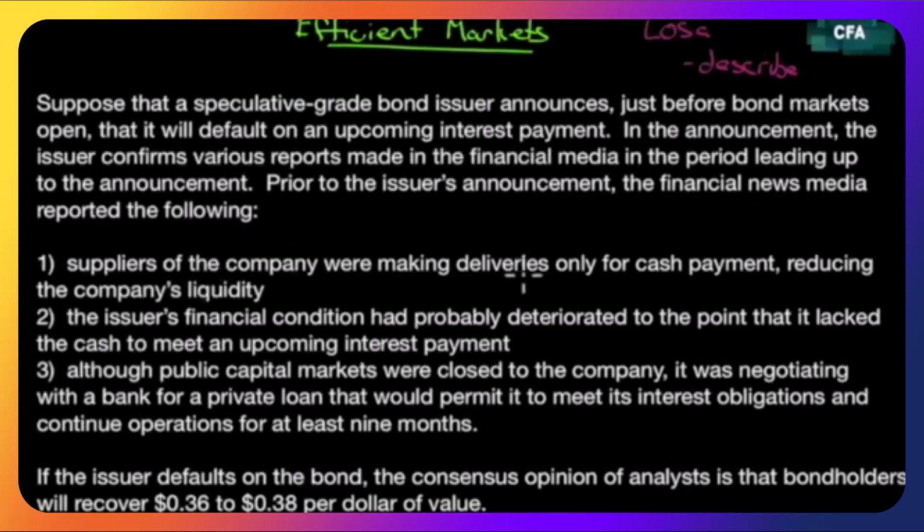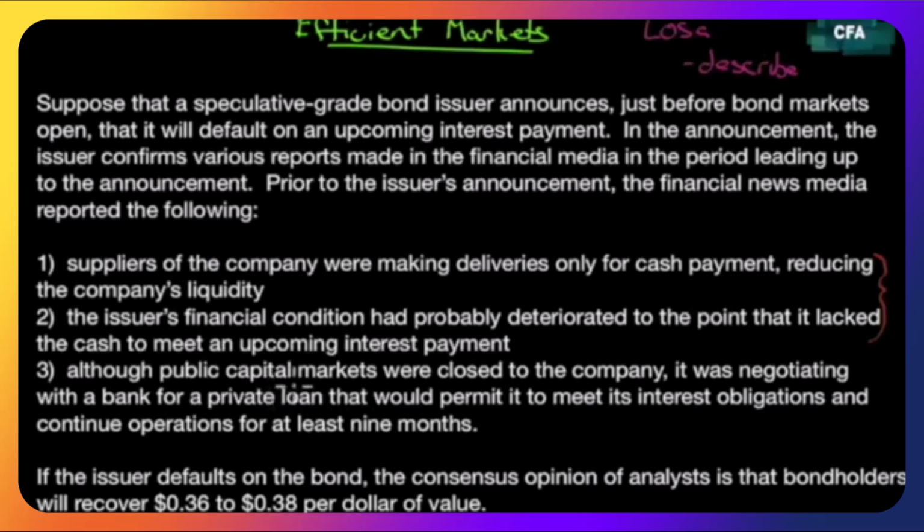One, suppliers of the company were making deliveries only for cash payment, reducing the company's liquidity. Two, the issuer's financial condition had probably deteriorated to the point that it lacked the cash to meet an upcoming interest payment. So the combination of 1 and 2 appears that the market was already concerned that chances are they're going to default.